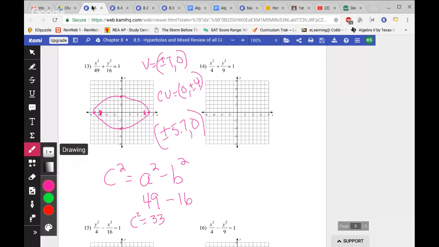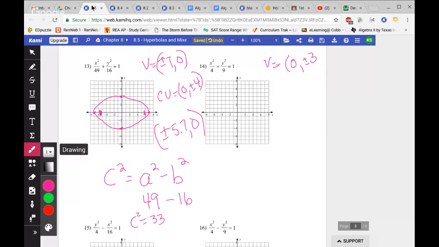Okay, so on number 14, it's 2. So the vertices are going to be the larger one. It's going to be on the y-axis, and the vertices are going to be 0 plus minus 3.